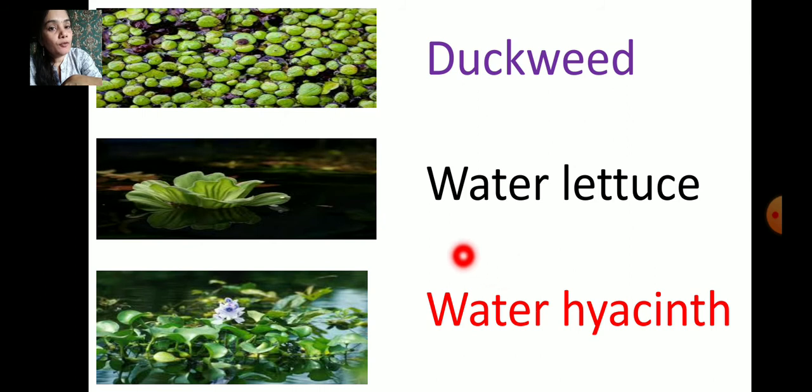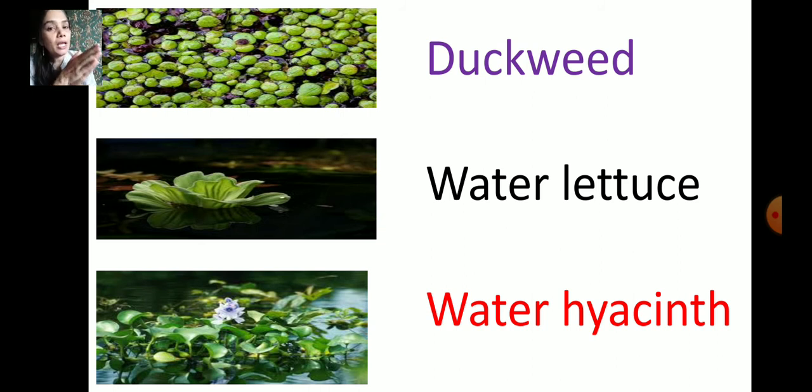They float very freely on the top of the water, and their bodies are very soft, like a sponge. Their bodies have empty spaces filled with air, and this makes the plants light enough.